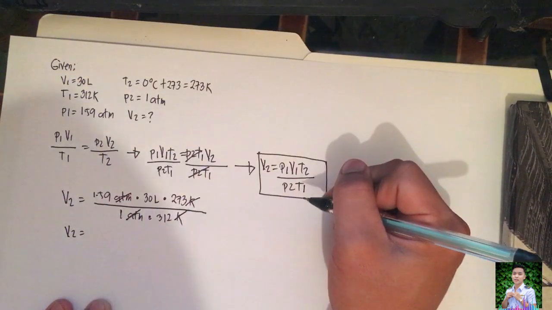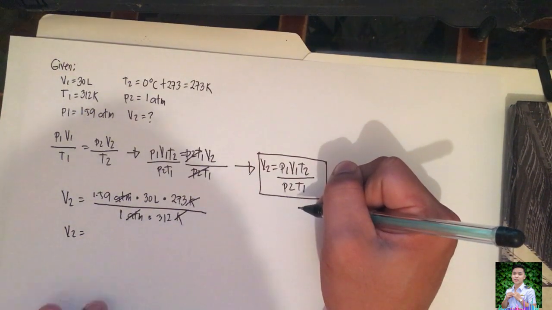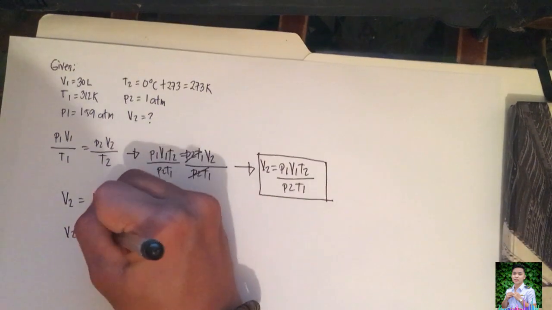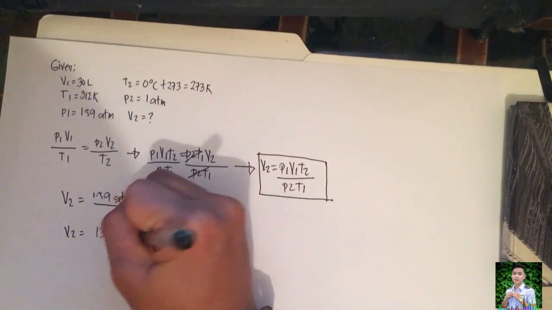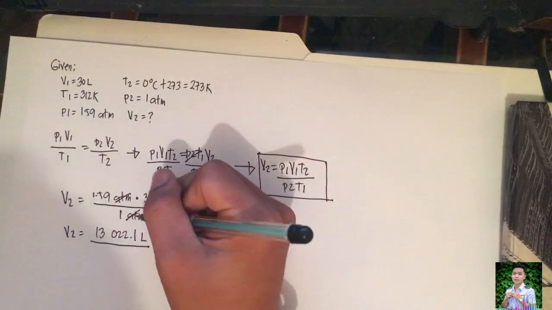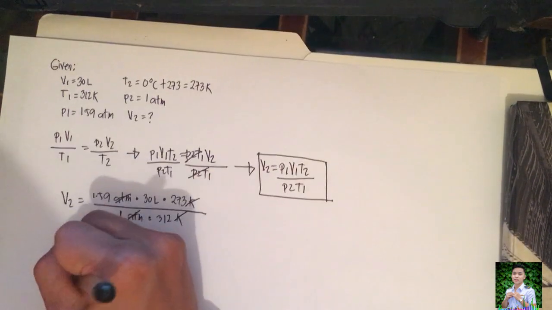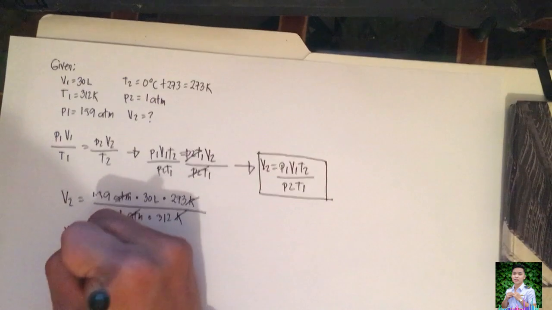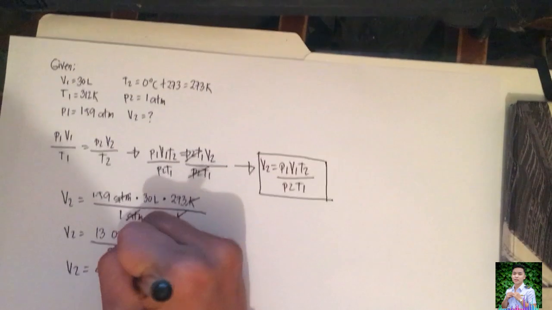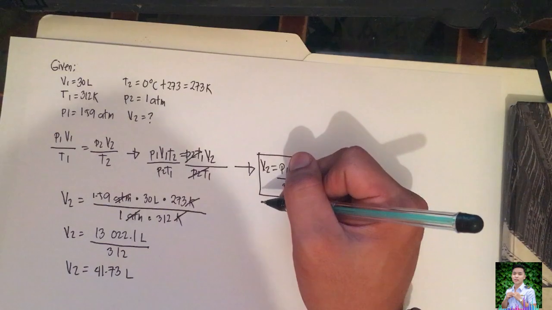Now let's multiply 1.59 times 30 and 273, and that would be equal to 13,022.1, and divided by 312, and the answer would be 41.73 liters. So V2 is equal to 41.73.